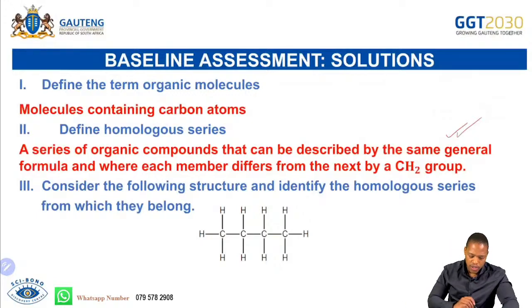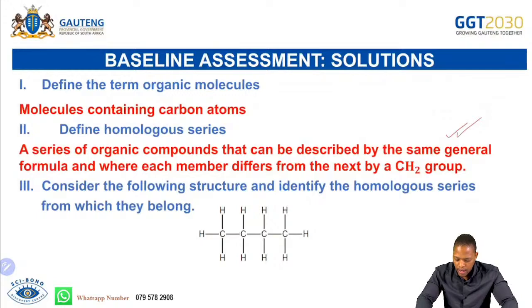And the next question was saying, consider the following structure and identify the homologous series to which it belongs. So to what homologous series does this structure belong? If you remember, we had those 9 homologous series that we spoke about last week, and we spoke about the structures of the functional groups, which is extremely, extremely important.